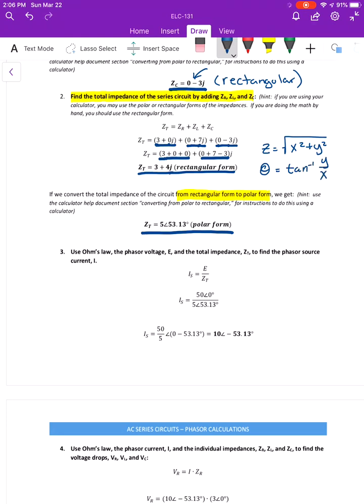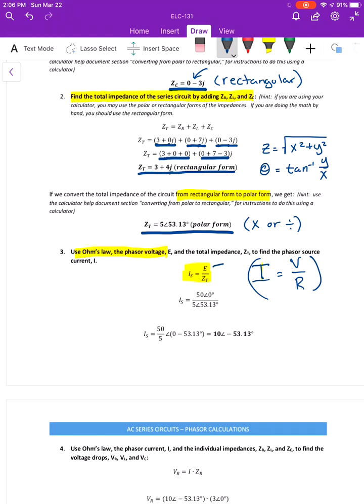Okay. Now we convert this to polar form because it's easier to multiply or divide with polar form, and next we're going to use Ohm's law, which of course means we're going to multiply or divide depending on what we're doing. Okay, so we're looking for the source current, I sub s, and remember current is just V over R, Ohm's law, right?